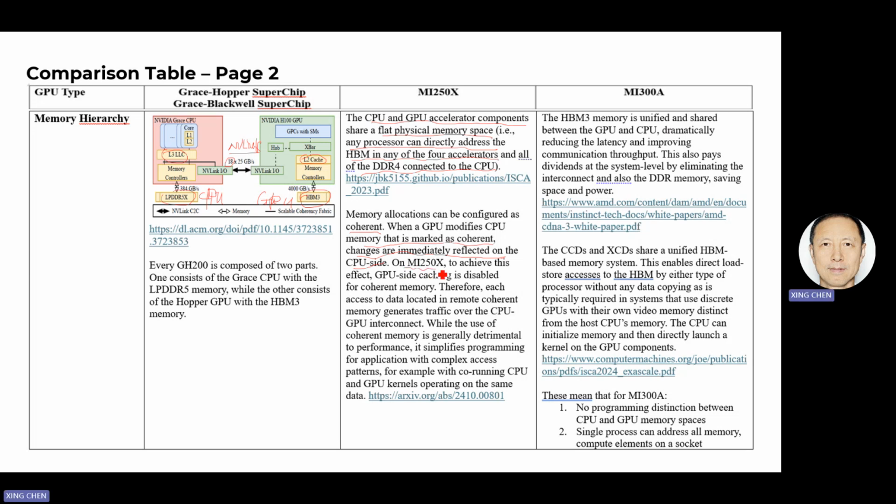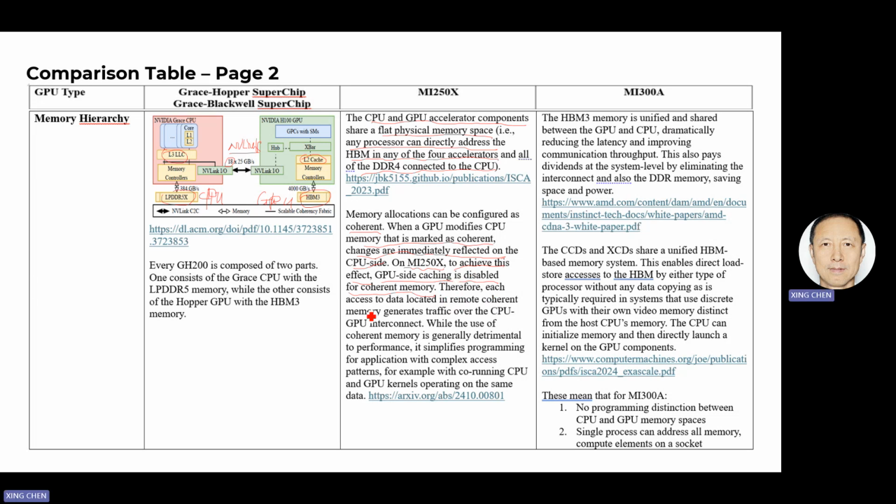On the MI250X, to achieve this effect, GPU side caching is disabled for coherent memory access. That's the reason I'm saying there's no cache coherency. The GPU cache has been disabled. The GPU can access the CPU's memory and the CPU can access the GPU's memory, directly going through this Infinity Fabric. There's no cache coherency.